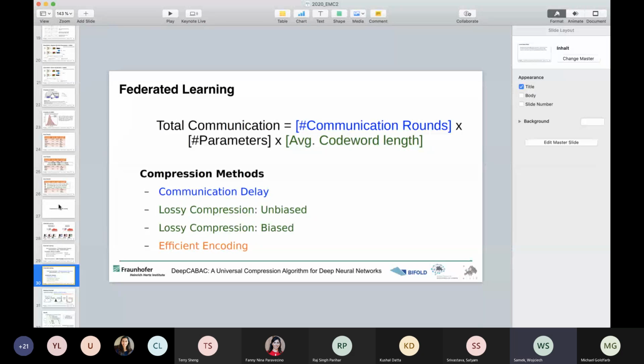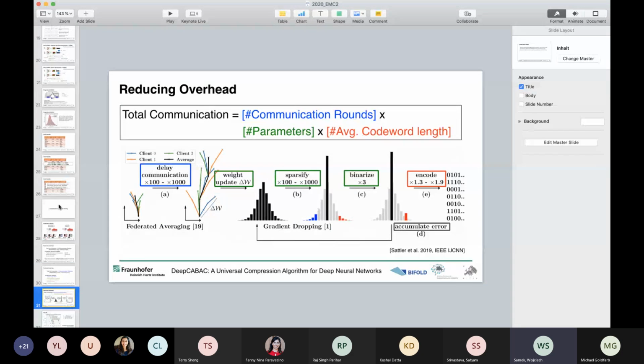You can reduce it by not communicating every round, but using some communication delay, for example. Second, the number of parameters you use, so you can use some lossy or lossless compression techniques. And third, the representation of the parameters. Here you can use some efficient encoding, which still reduces the communication size.